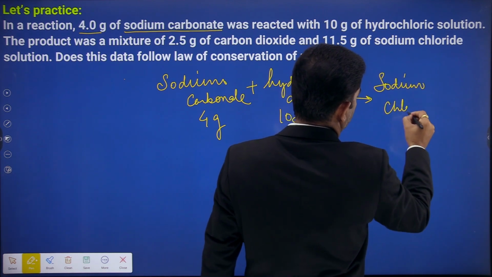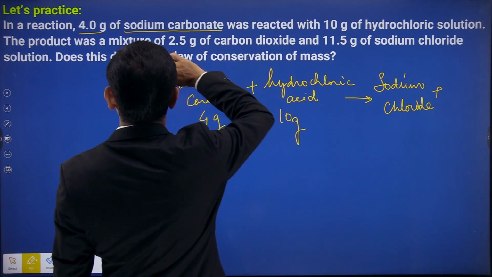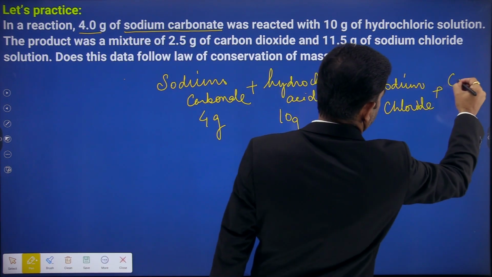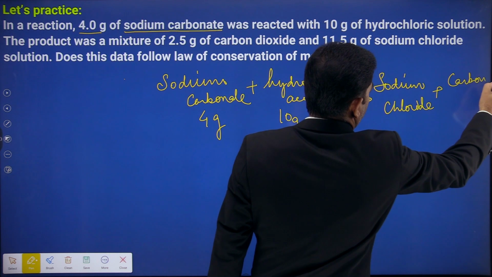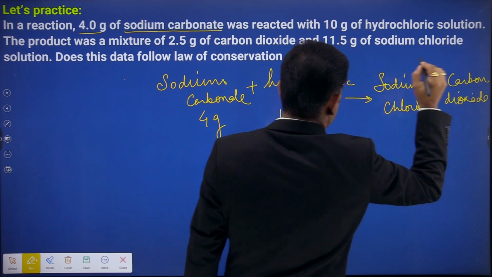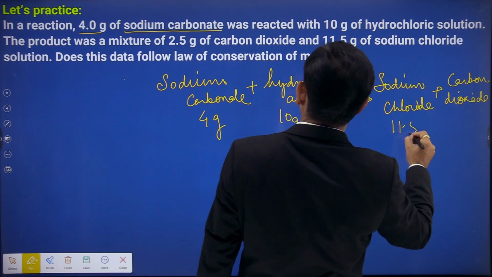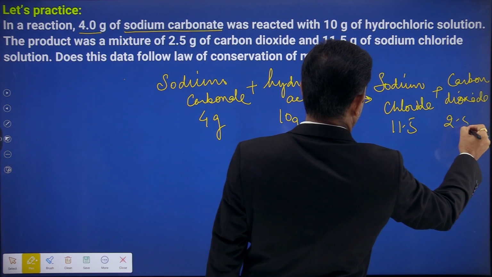So how much it's giving? It's giving you 11.5 grams of sodium chloride and 2.5 grams of carbon dioxide.